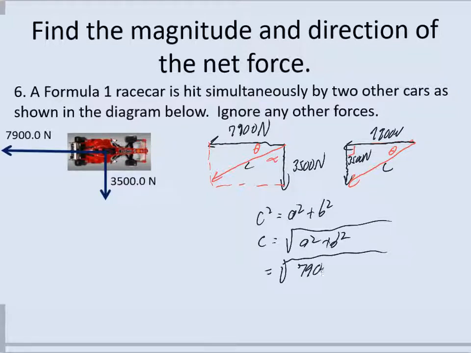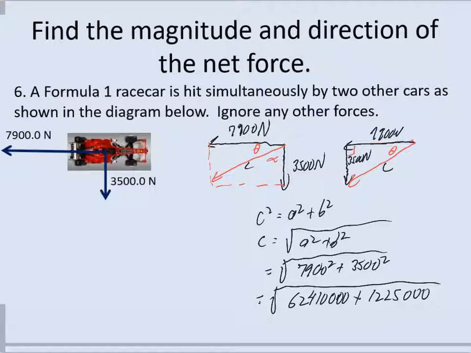So 7,900, I'm going to label that as a. 7,900 squared plus 3,500 squared gives us 62,410,000 plus 12,250,000. And we end up with c equaling 8,640.6 newtons. And that's the magnitude of the force.